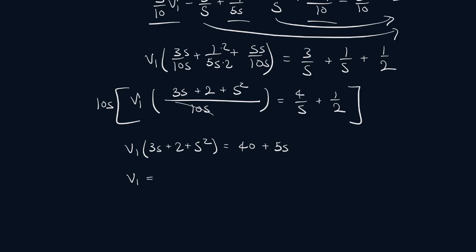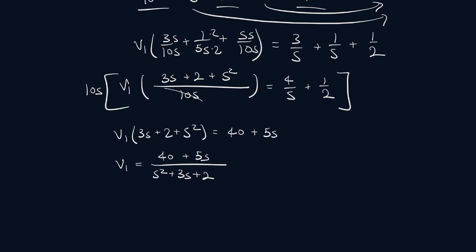So it'll be equal to 40 plus 5s all over s squared plus 3s plus 2. Okay, now we can just factor the bottom part. So that will be s plus 2, s plus 1.